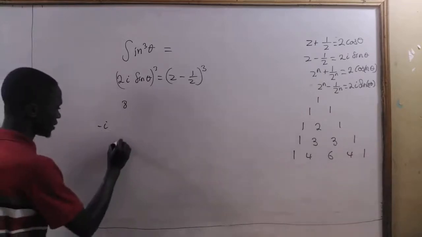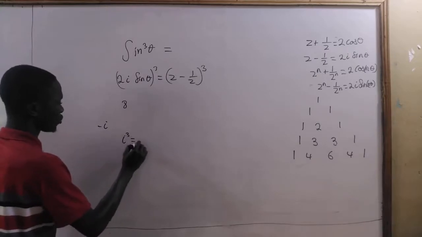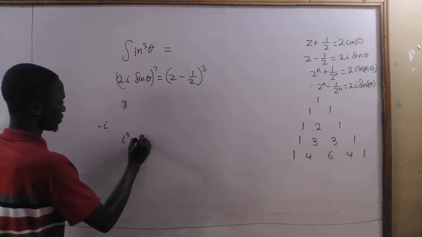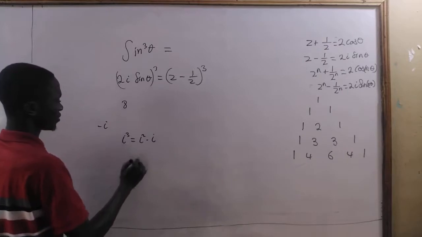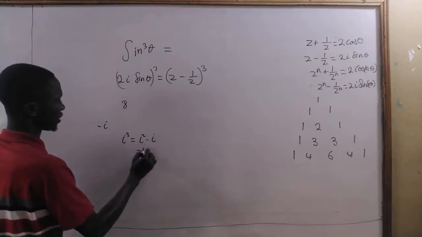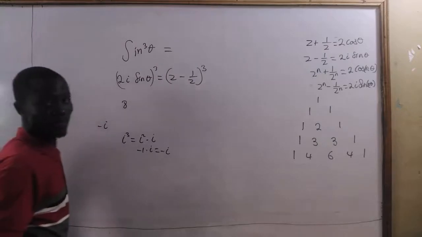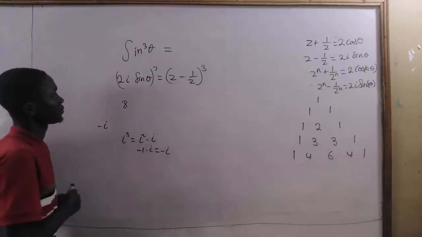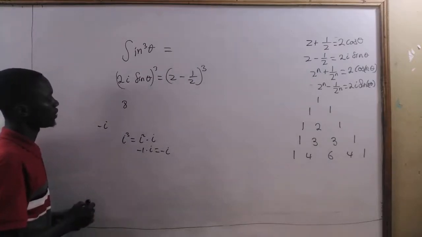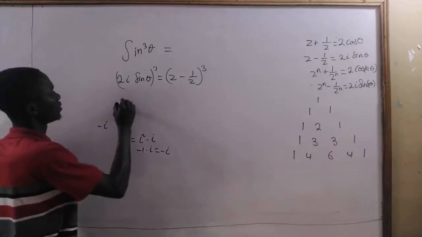Why? Look at this. i cube is equal to i squared times i. And i squared is negative 1 times i. And that will give us negative i. Very simple as that. So here, we are going to have 8.